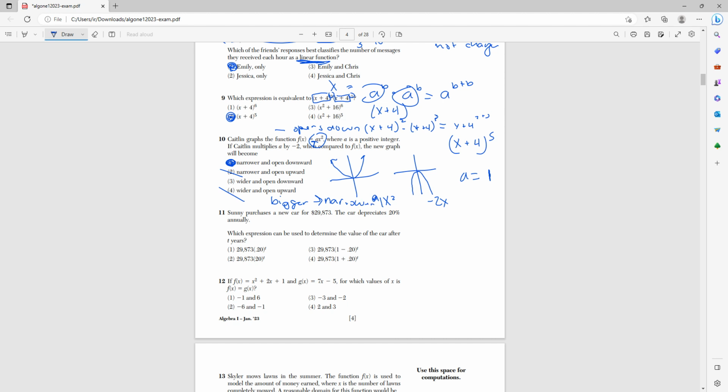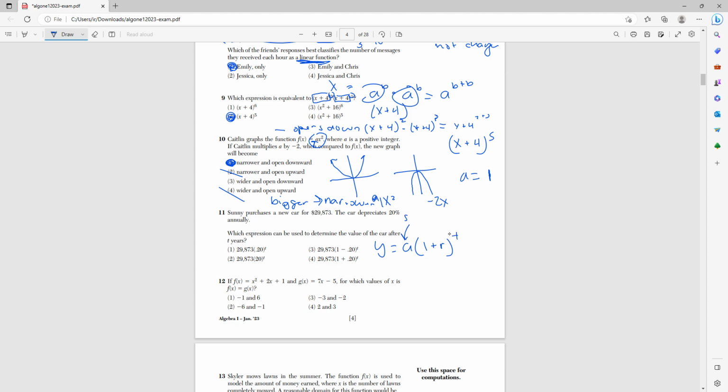All right. Sunny purchases a new car for $29,873. The car depreciates 20% annually. Which expression can be used to determine the value of the car after t years? Remember the formula for exponents: y = a(1 + r)^t.